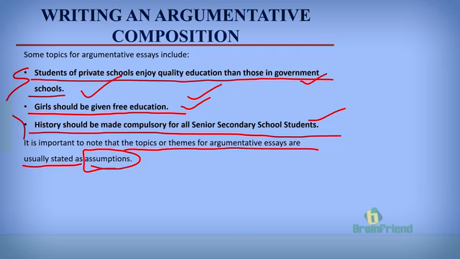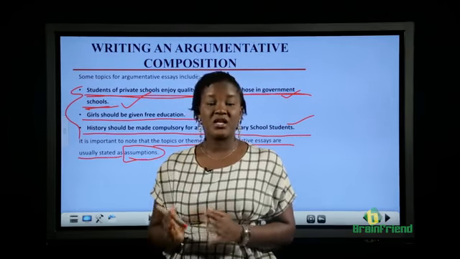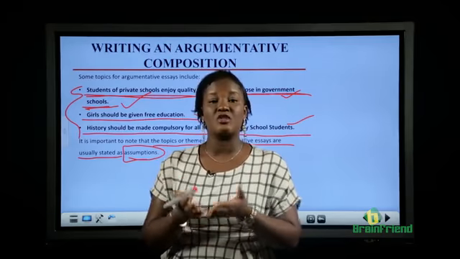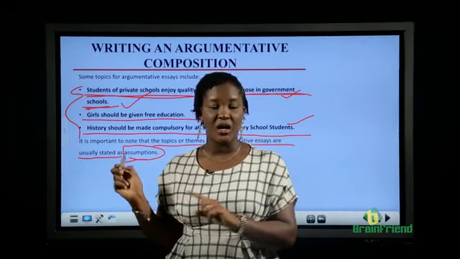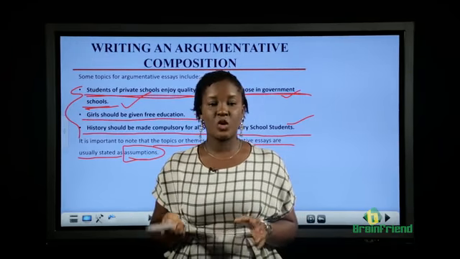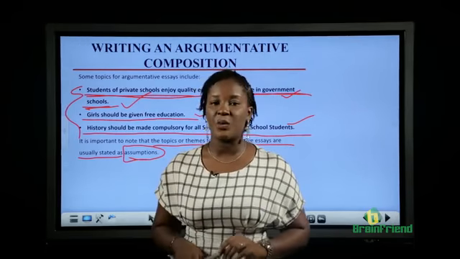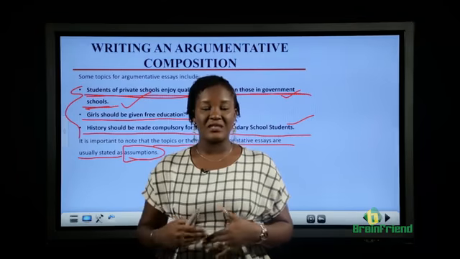The fact that I have said students of private schools should enjoy quality education than those in government schools does not mean that that is a fact or that is what should happen. It is just a topic. It is just an assumption. A writer can decide to stand for that topic or stand against that topic and criticize it. So we present our topics for argumentative essays as assumptions and not as facts.